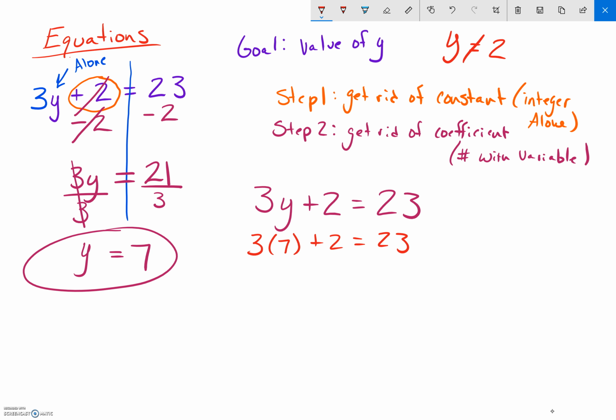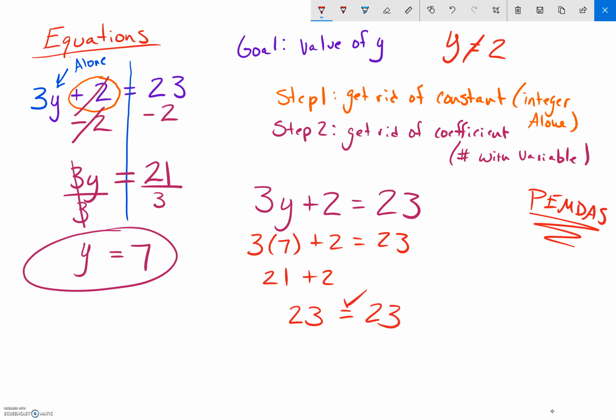And then you use PEMDAS, the order of operations, and you solve out. And if it equals the same thing on both sides, you got it right. So 3 times 7 is 21 plus 2. 21 plus 2 is 23. 23 equals 23. So we know we solved our equation correctly, and y equals 7.